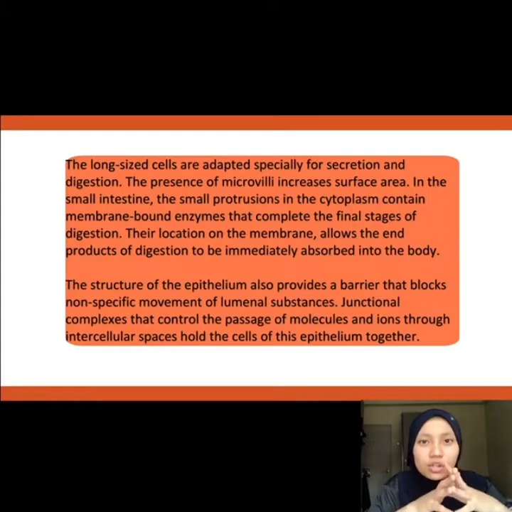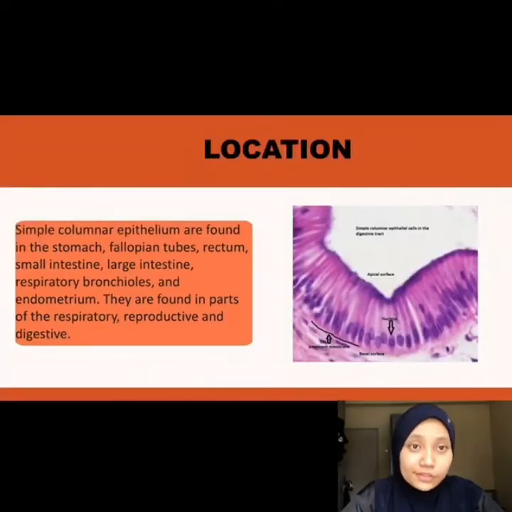The junctional complexes that limit the passage of molecules and ions hold the epithelial cells together. The location of simple columnar epithelium is in the stomach, fallopian tubes, rectum, small intestine, large intestine, respiratory bronchioles, and endometrium. They are found in parts of the respiratory, reproductive, and digestive tracts where mechanical abrasion is low, but secretion and absorption are important.